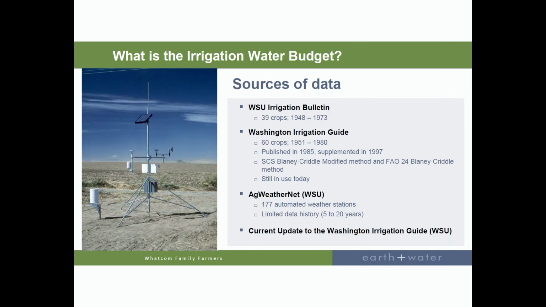So, water budgets and trying to figure out where you can get information. There is a ton of information out there about water duty for different crops. WSU has a wealth of really simple, easy to use tables.